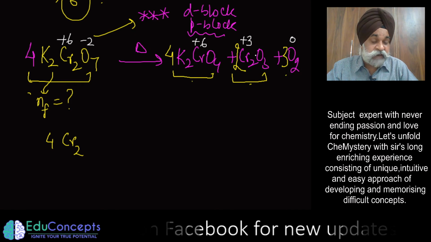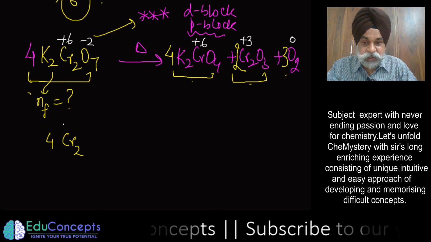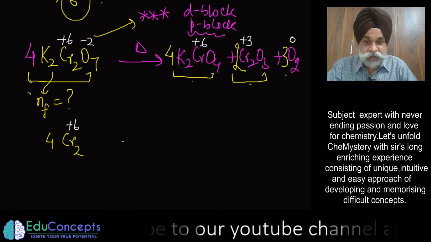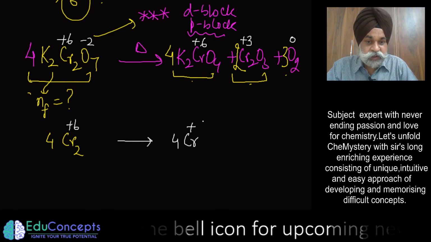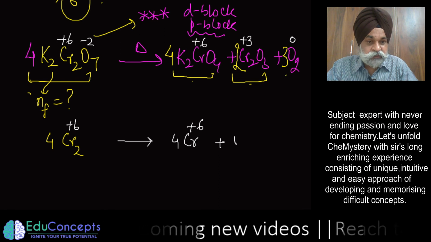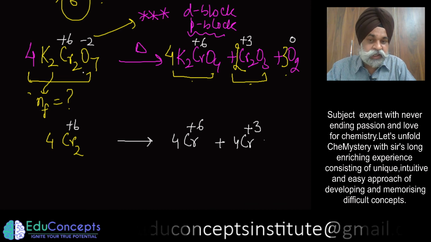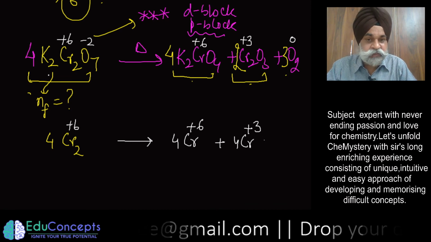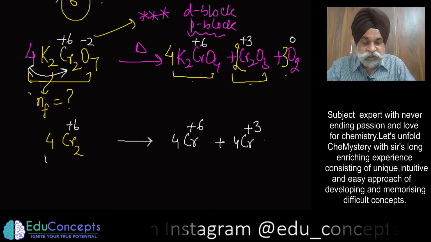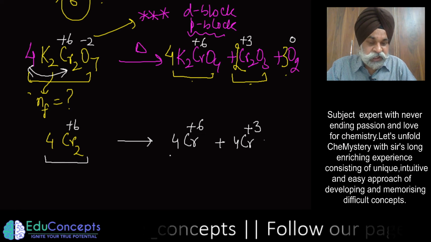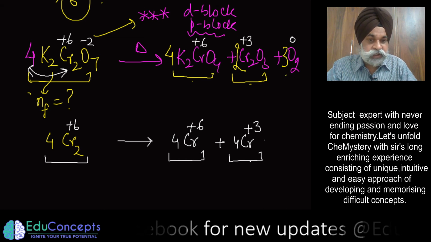You could refer to case 2 also, where there are 2 chromium atoms of +6 which go to 1 chromium of +6 and 4 chromium with +3. If I evaluate everything in terms of the stoichiometry, there are 8 chromiums of +6 oxidation state, and all those 8 reach the product side like this: 4 with +6 and 4 with +3.